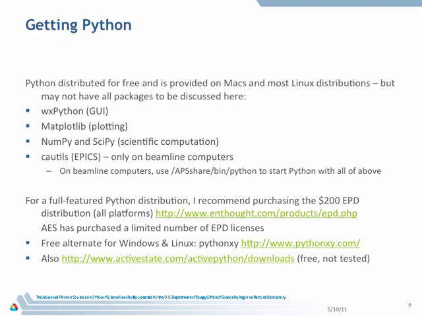So one of the things that we are doing is, if you would like to download Python for any computer that you're going to find around here, there is a company called Enthought that has a $200 distribution of Python plus everything you could ever think of.